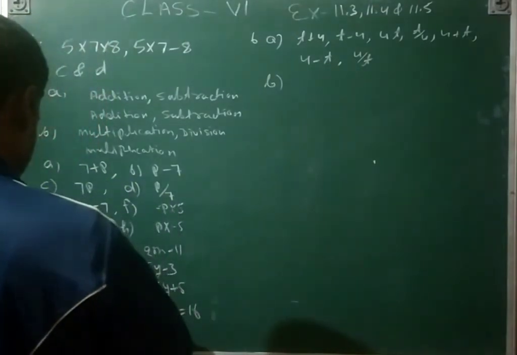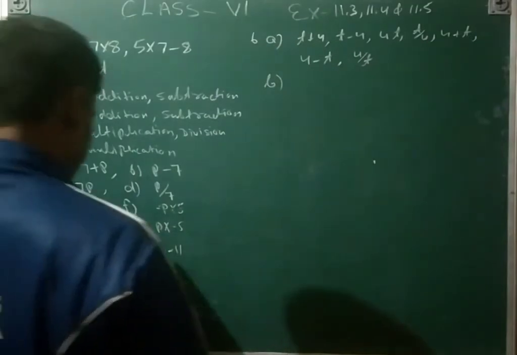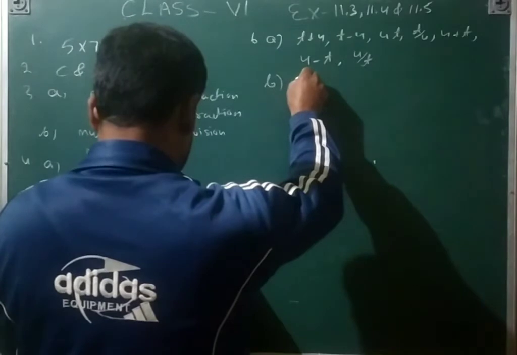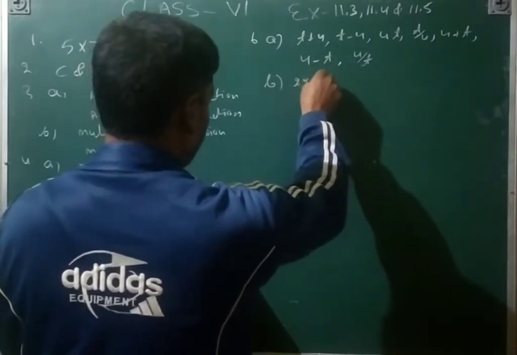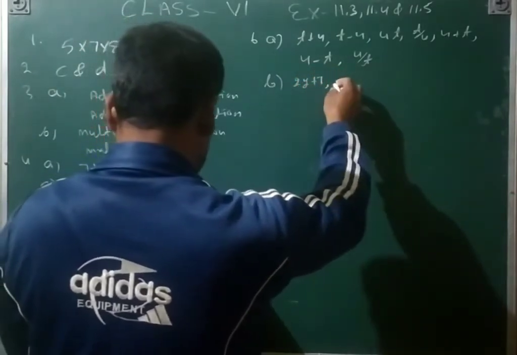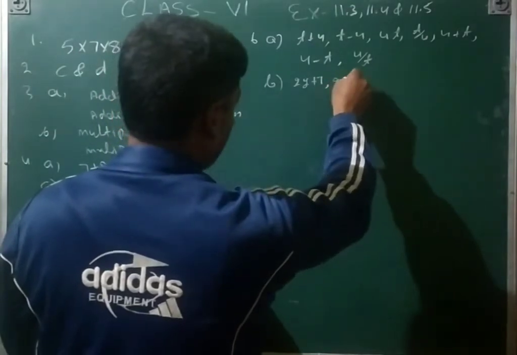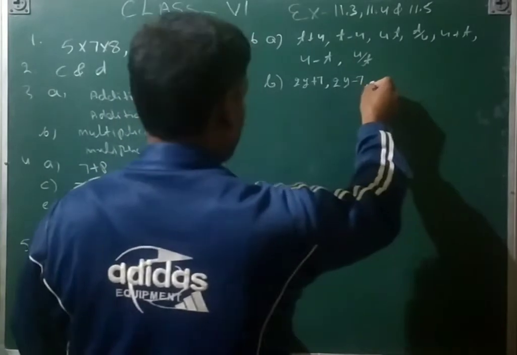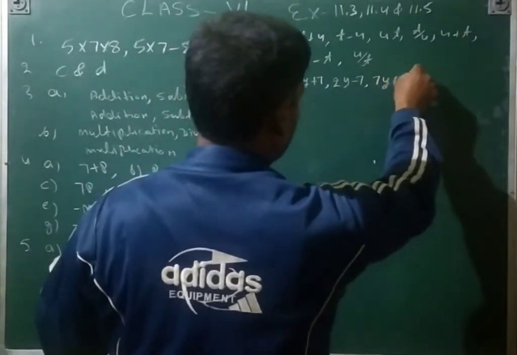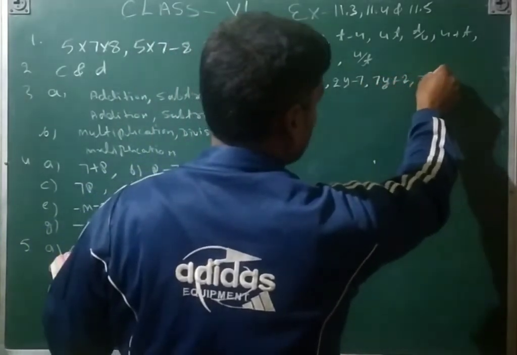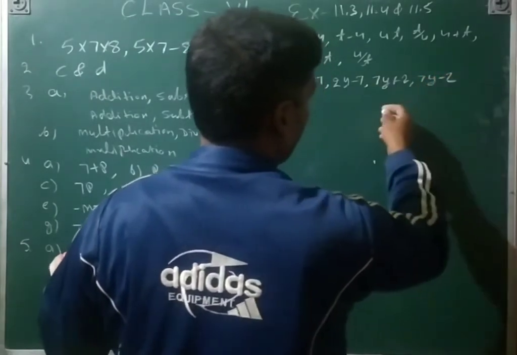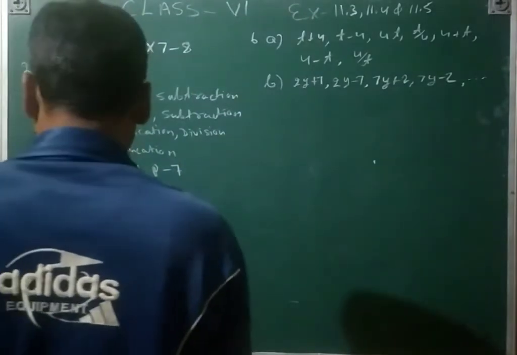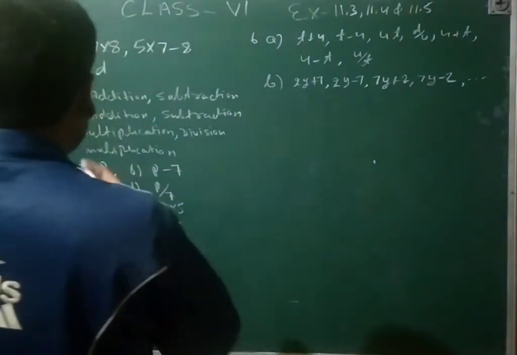Here we will apply that: 2y plus 7, similarly 2y minus 7, similarly 7y plus 2, similarly 7y minus 2, and so on. However many you can write.